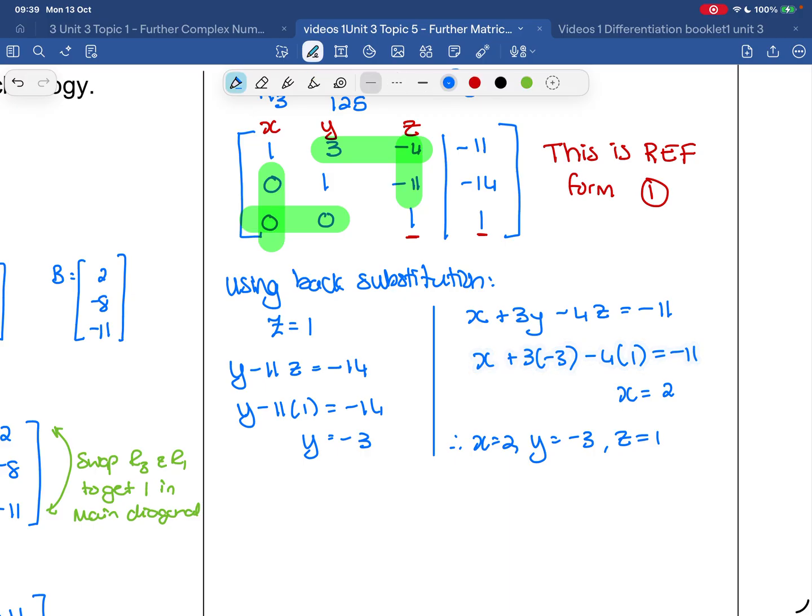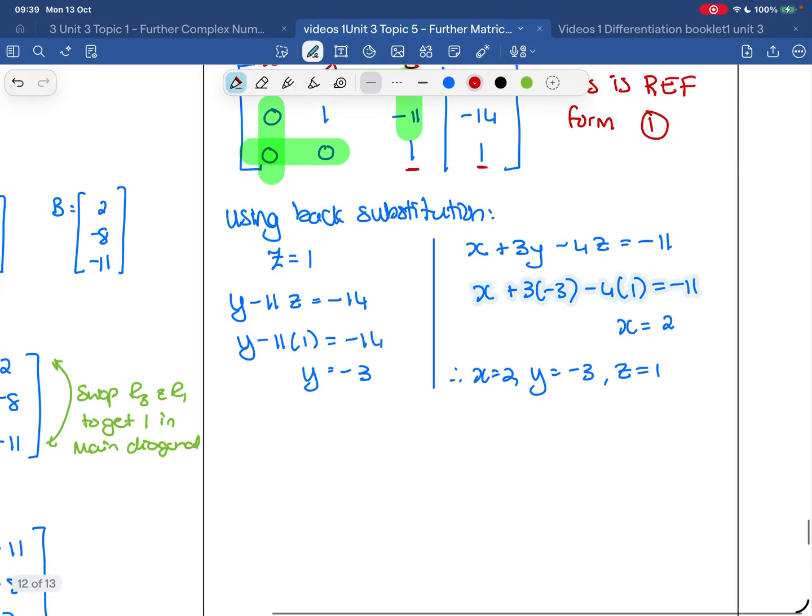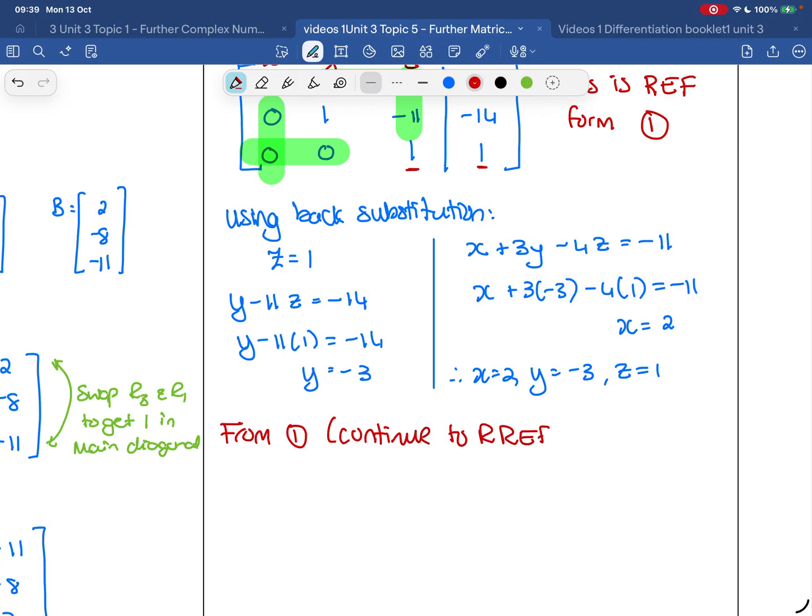So we need to carry on with our process so that we can get all of the other numbers that aren't in the leading diagonal equal to 0. So I'm going to continue to my reduced row echelon form.